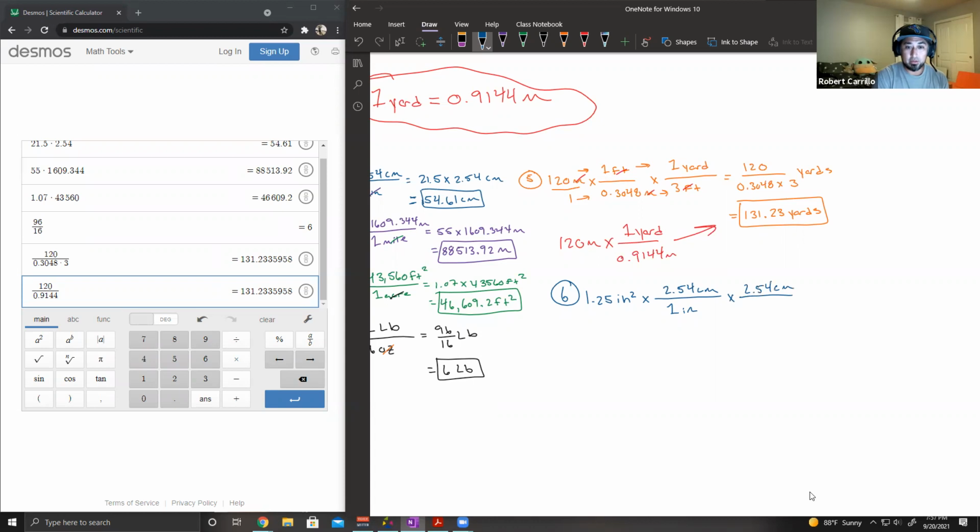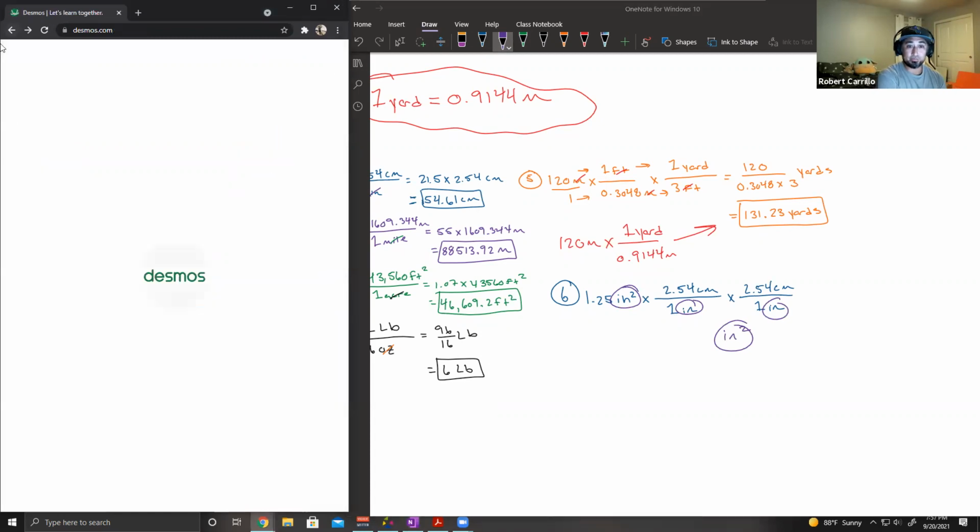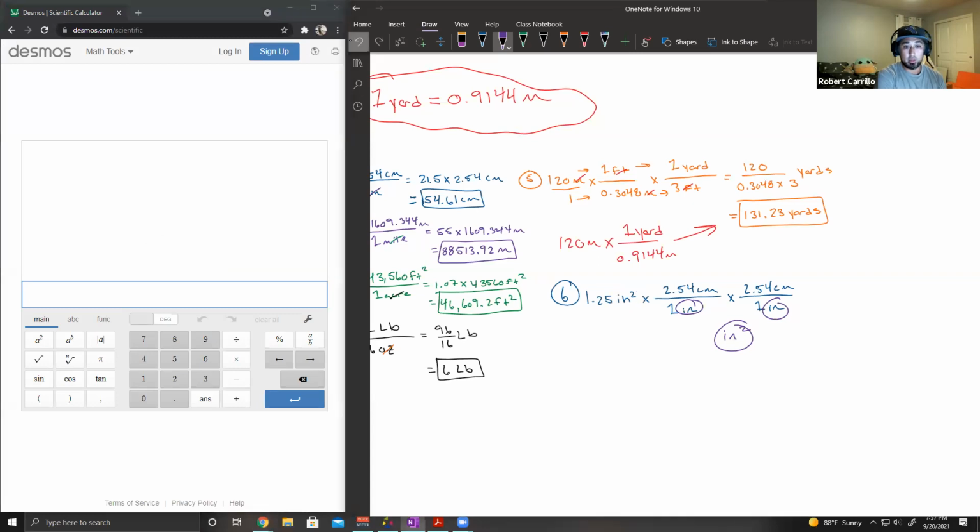2.54 centimeters in 1 inch. And the reason we do it twice is because this unit times that unit makes square inches, which will cancel with that unit. So your square inches will cancel. Oops, wrong way. Over here. There we go.